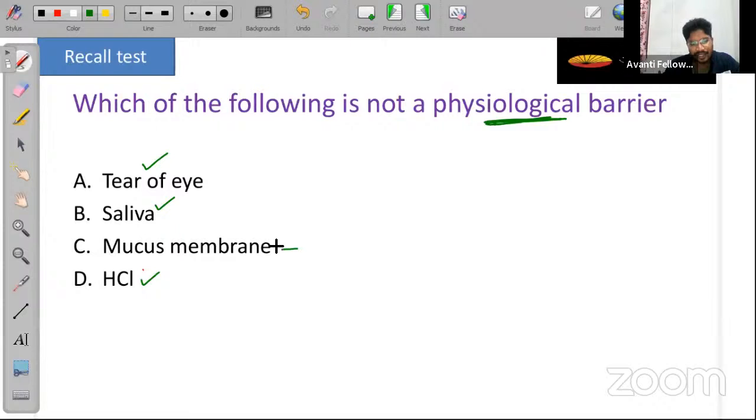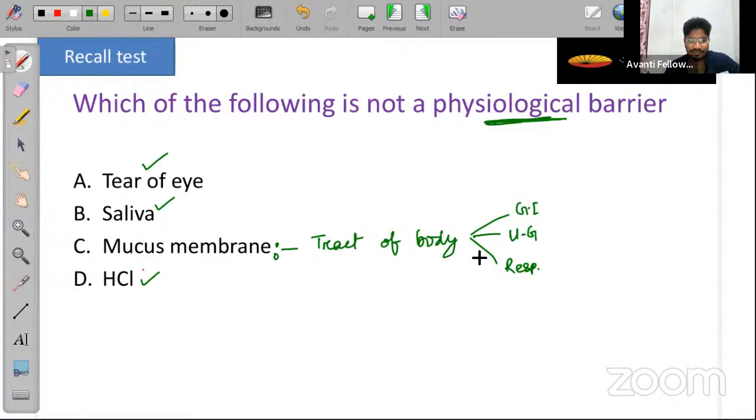Mucous membrane is present in the different tracts of the body. What are the different tracts? The gastrointestinal tract, then the urinogenital tract, then the respiratory tract. Mucus is present in these different tracts, and that mucus works like a physical barrier.